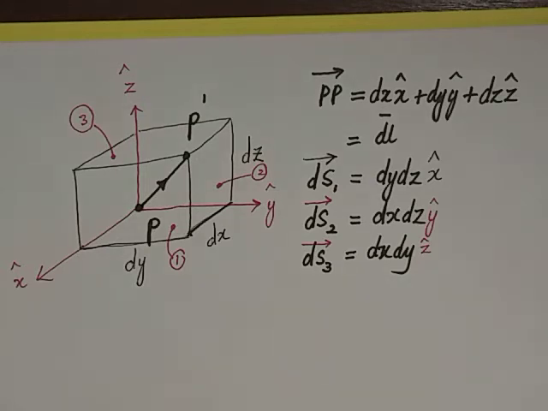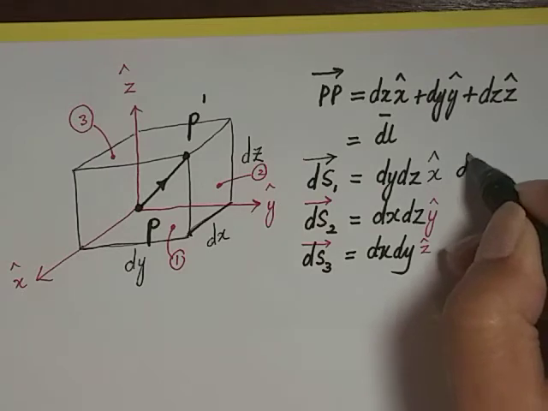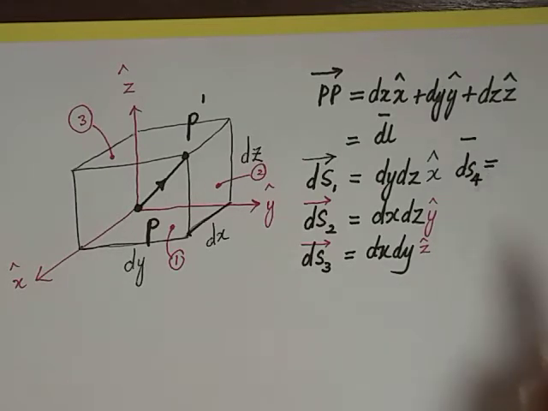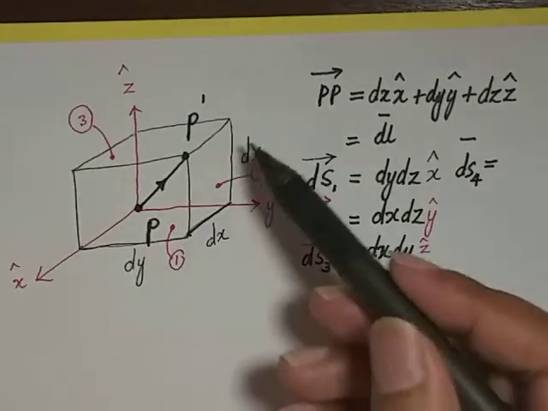Okay, let's ask ourselves, what happened to area number 4? And we know area number 4 in terms of continuity must be opposite to area number 1. So if I want to define now surface vector ds4, I can see it is referring to the area opposite to area 1, which is at the back there.